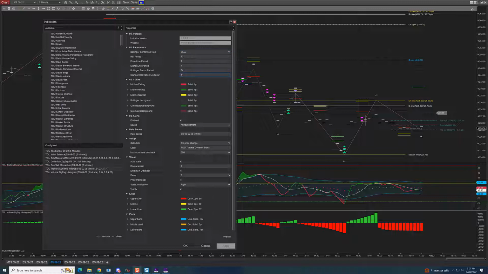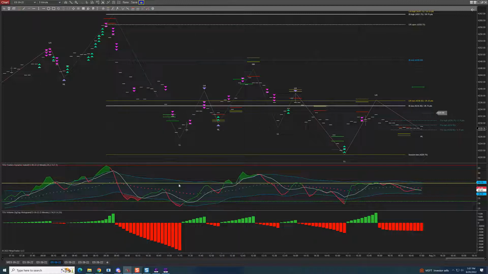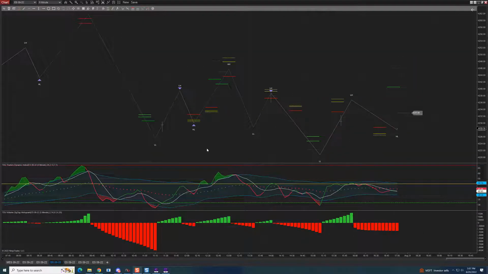For smaller sizes I will typically have it at 1.62. On a 5 minute, because it's slower, I'm going to take it back to 1 standard deviation, and we'll look at a couple of examples. So the Bollinger Bands framing here are 1 standard deviation over 14 periods.